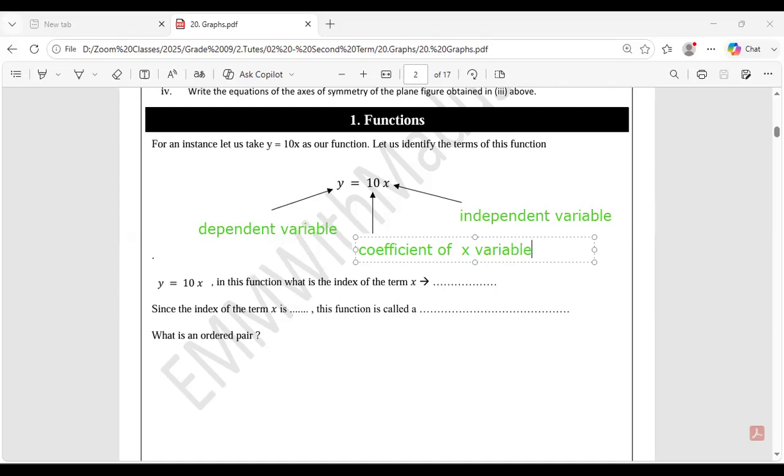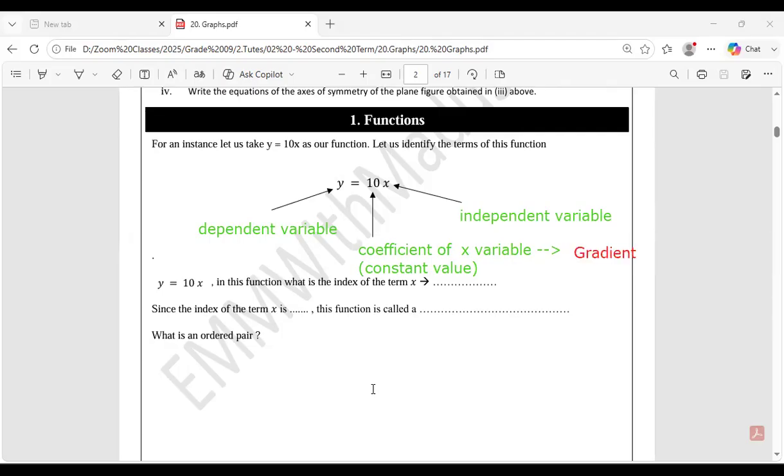In other words, we can say it's a constant value. And more importantly, when it comes to graph terms, it is called our gradient. This 10 is called the gradient.